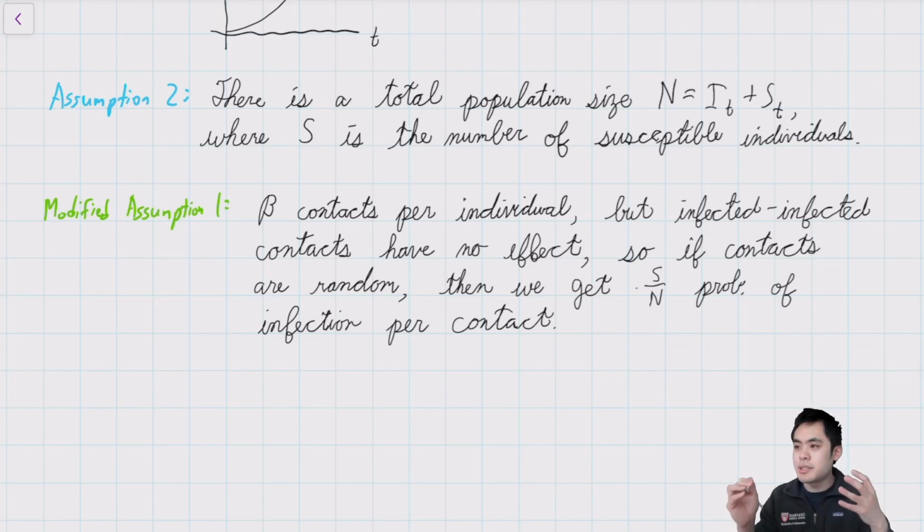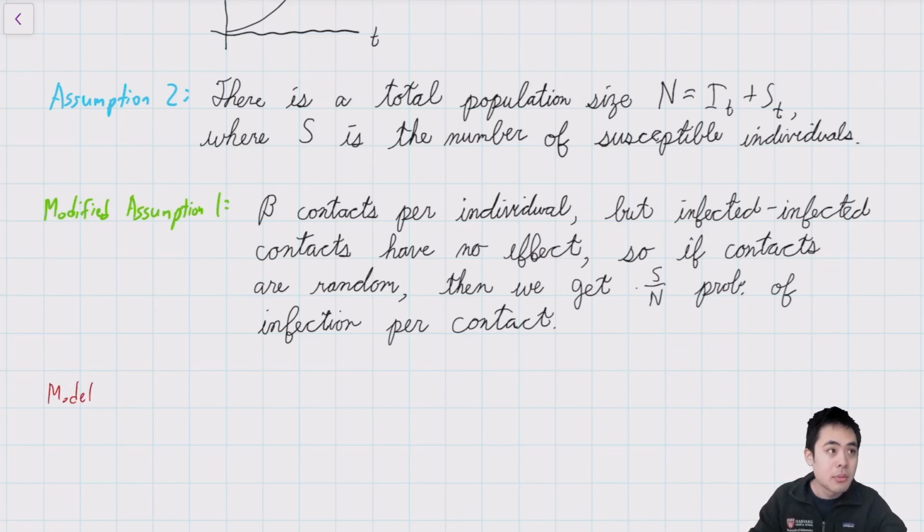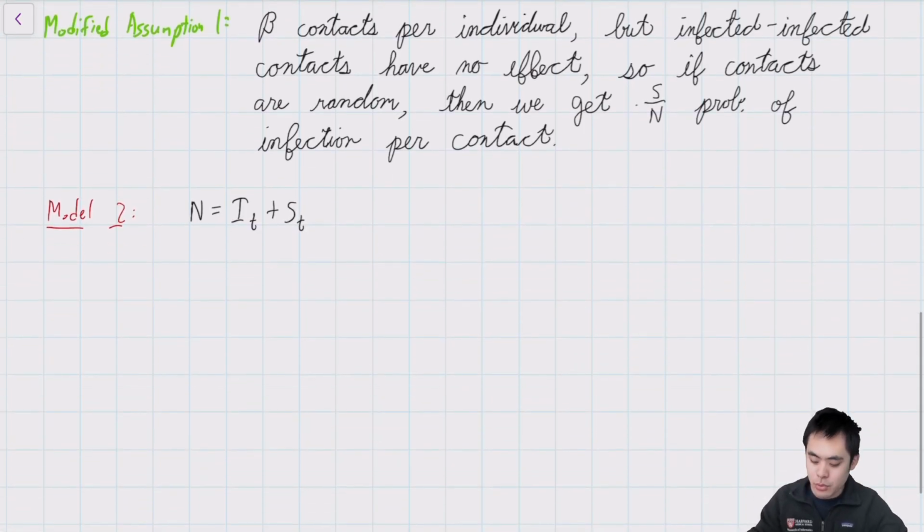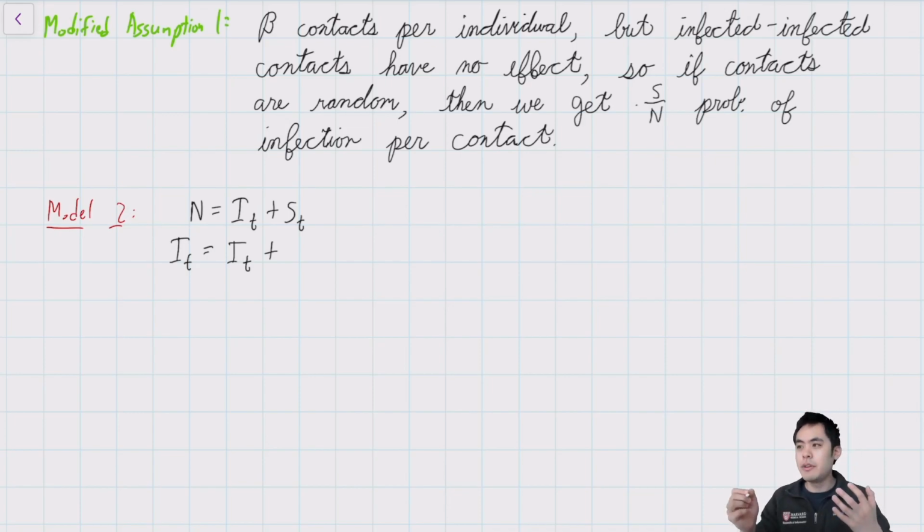And so now with this new assumption, we can put in a slightly different model. So this is going to be model 2. Okay, so what do we know? We know that N is equal to I_t plus S_t, and we know that I_{t+1} is equal to I_t plus, well, how many new infected individuals do we get?